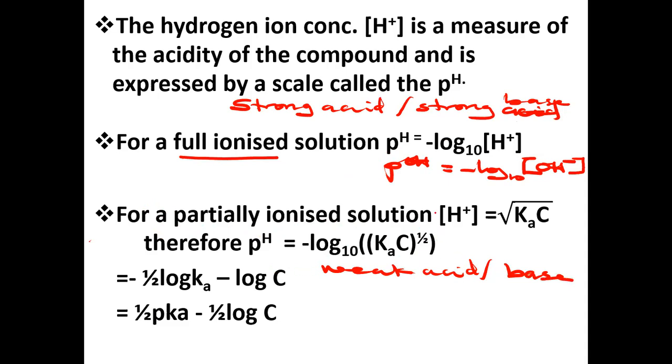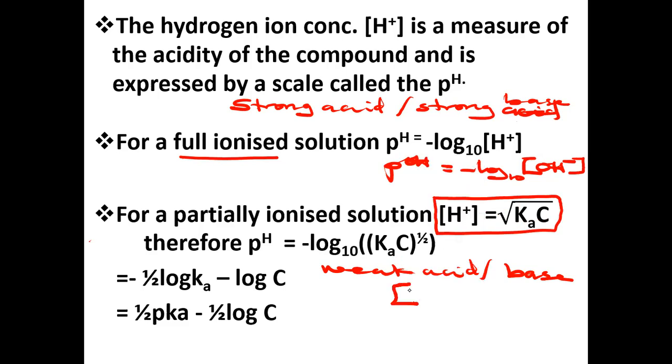And for those ones, we are saying that for a weak acid solution, the H plus concentration is basically the square root of the acid dissociation constant multiplied by the concentration of the solution. It means that we can simply have the same thing for a weak base.